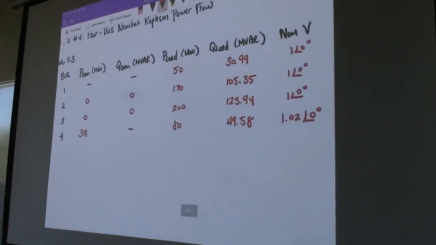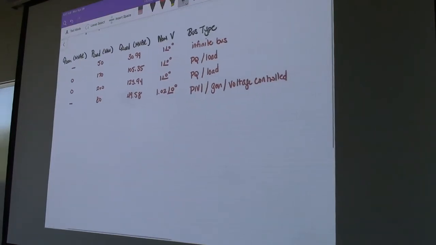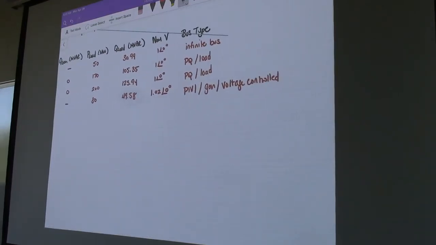Okay, so taking a look at this and circling the values that we need, right? An important first step in this analysis. We need all the bus types. That's a given; we need to know the bus types.